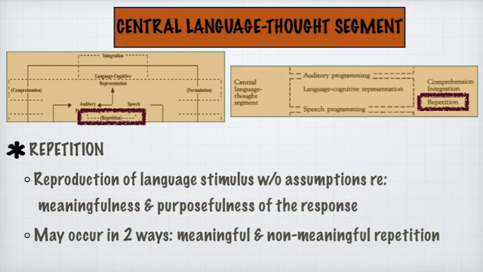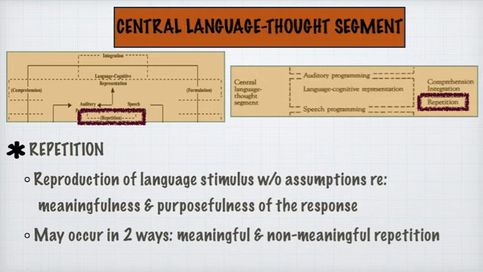Another is the non-meaningful repetition. From auditory programming, it goes straight to speech programming, so it does not pass through the language cognitive representation. In this sense, no meaning has been added. I was told something, and I just repeated it, directly, without even thinking about it.